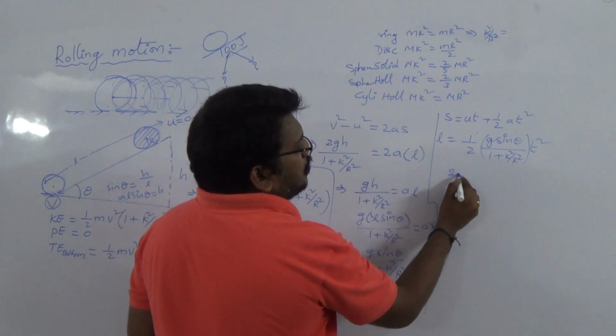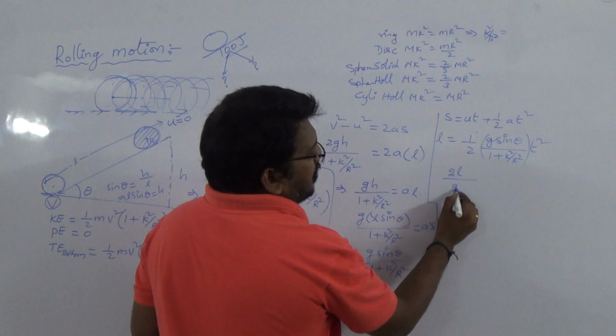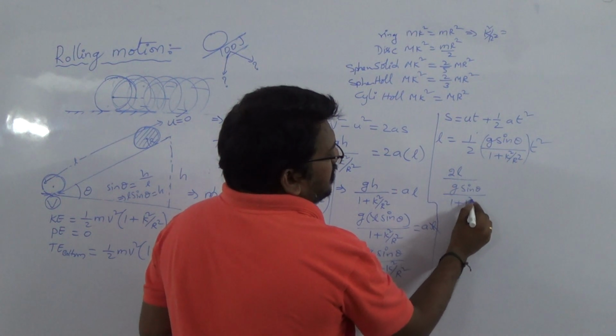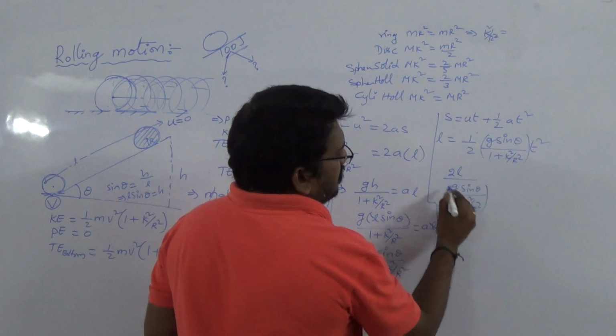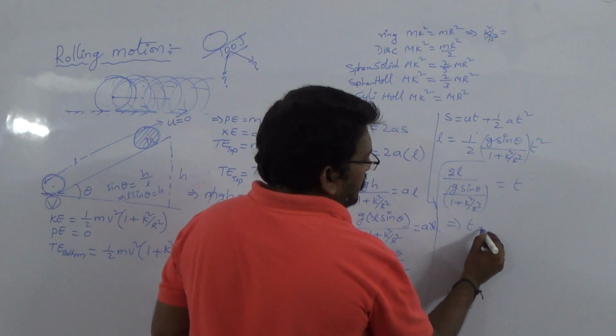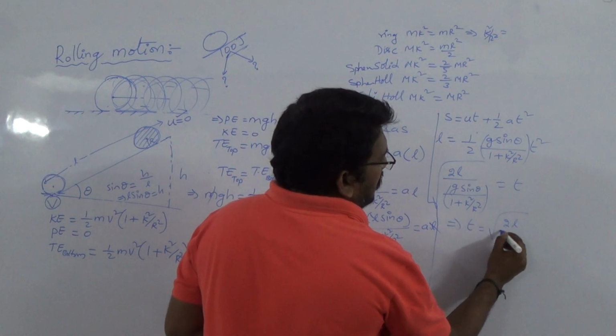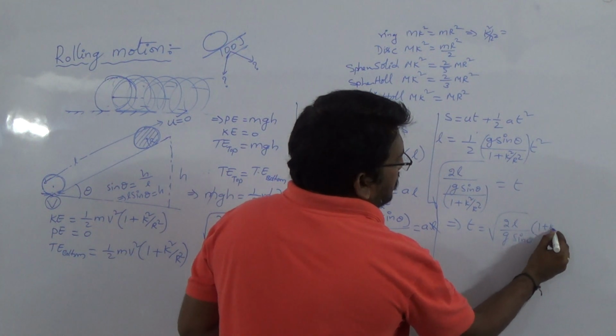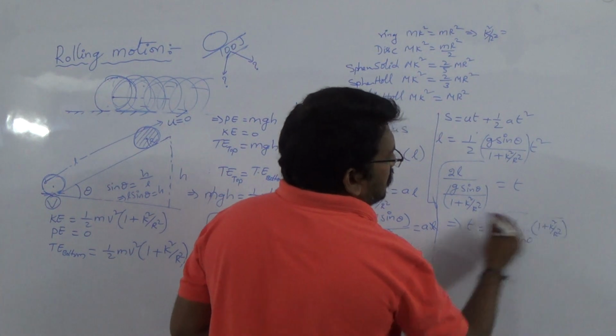Sending this side, t equals under root of 2l by g sin theta of 1 plus k square by r square.